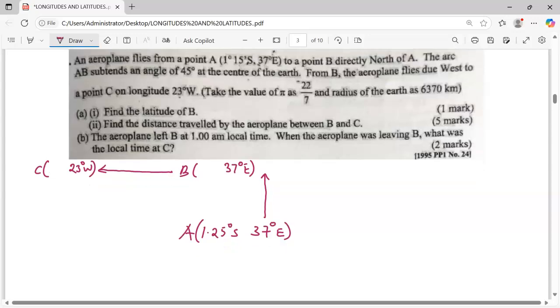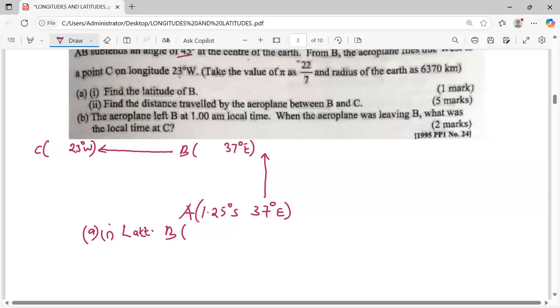The first part of the question, which is A Roman 1, calculate the latitude position of B. To get the latitude position of B, remember we have been told that AB subtends 45 degrees at the center.